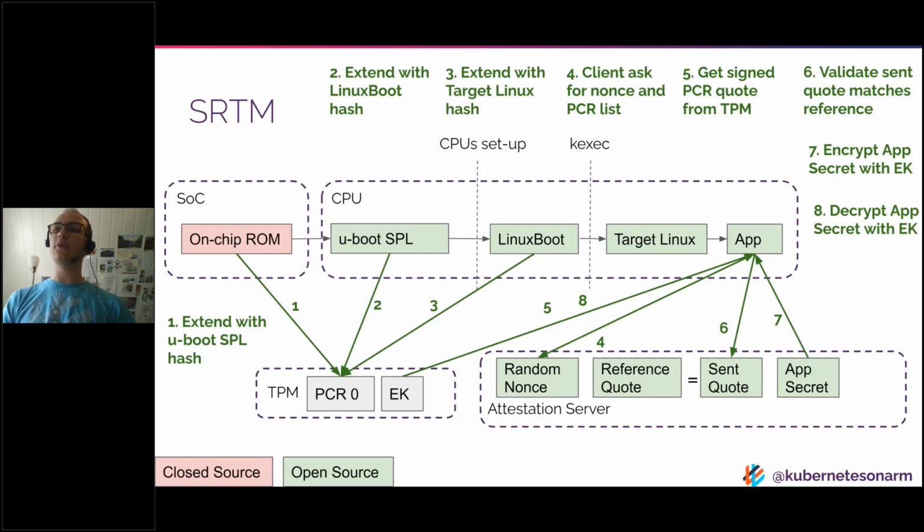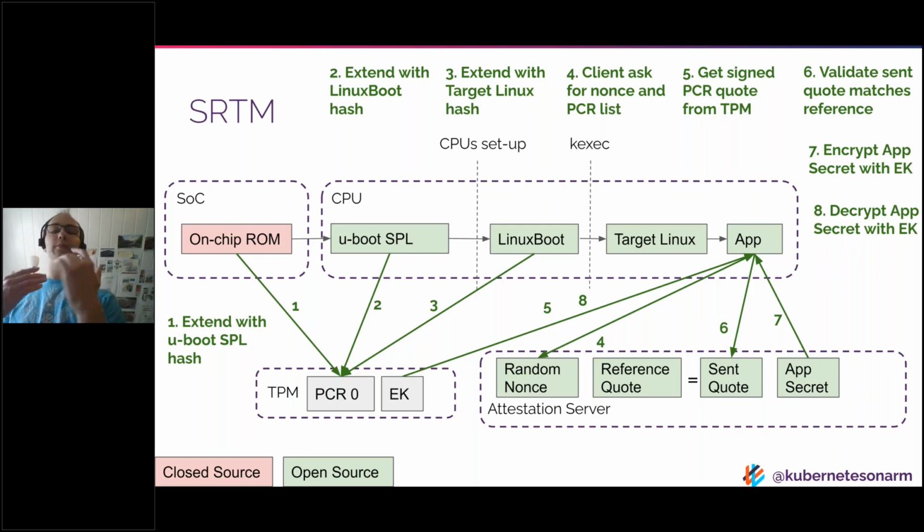So this is how it would look all in all. The system on chip has an on-chip read-only memory bootloader, and before running U-Boot SPL, it verifies the hash of this U-Boot SPL, like the SHA-256 sum or something. It puts this into the TPM and says that this is what it measured the next boot step to be.